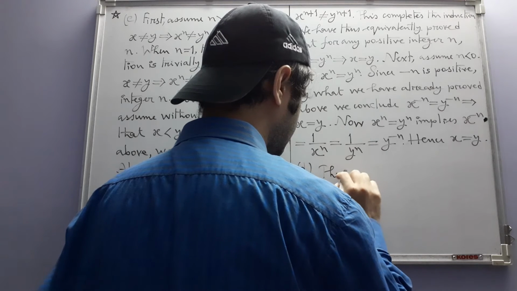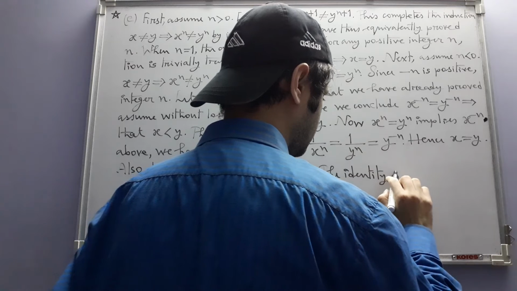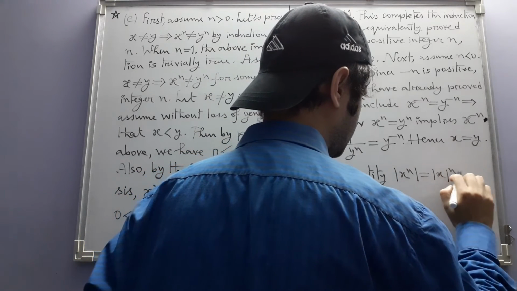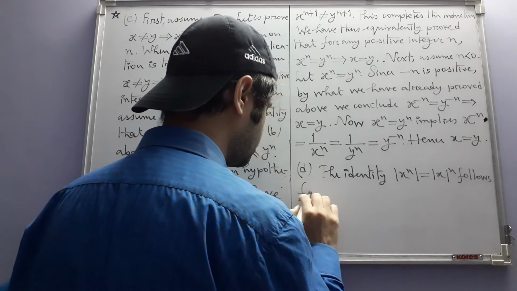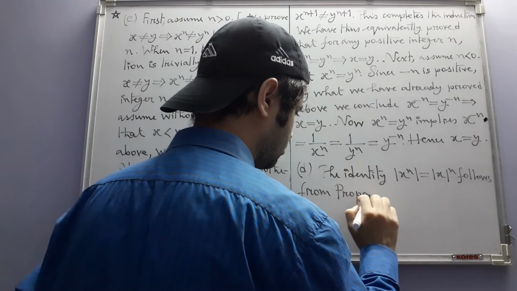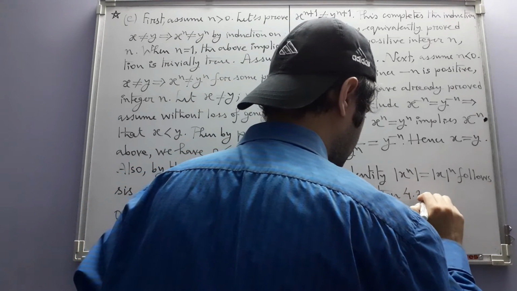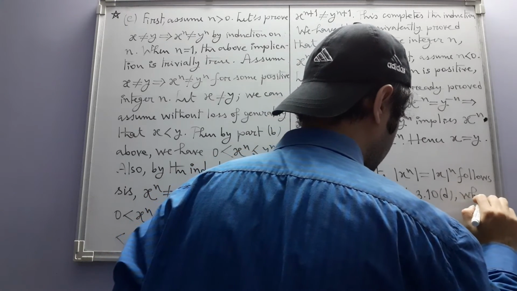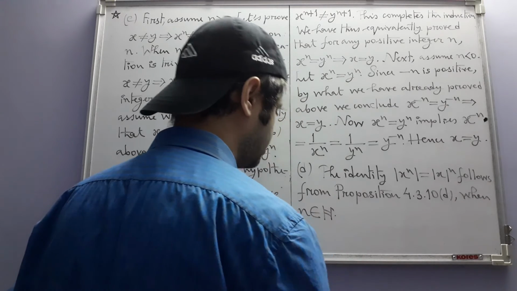The identity follows from proposition 4.3.10D when n is a natural number.